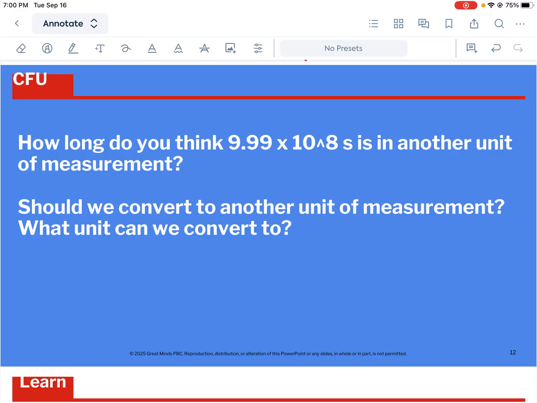Shoot, how many weeks? How many months? How many years might that be if we converted? And then ask yourself if we should convert to another unit of measurement, because 9.99 times 10 to the 8 is still a very large number in seconds. And if we do convert, what should we convert to? Take a second to marinate on that and then come right back.